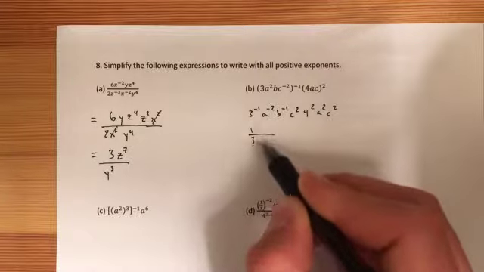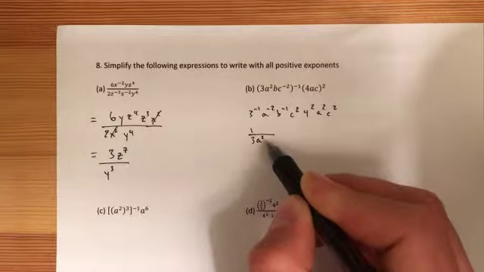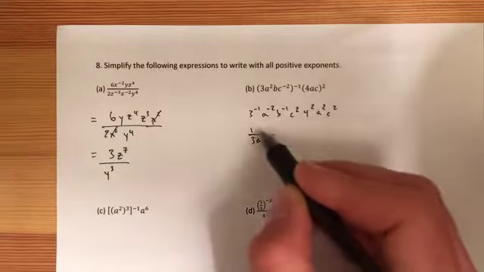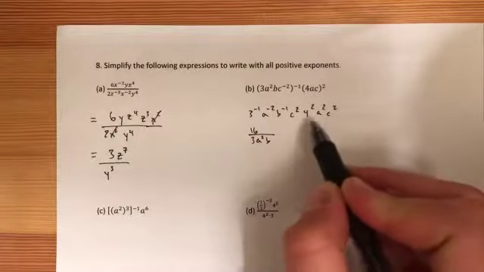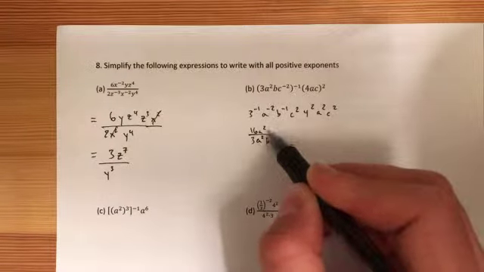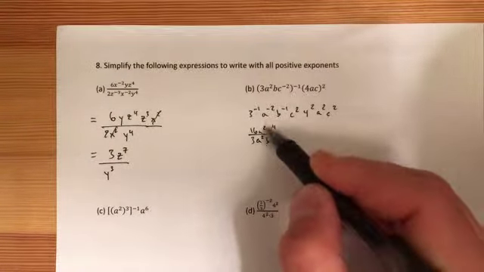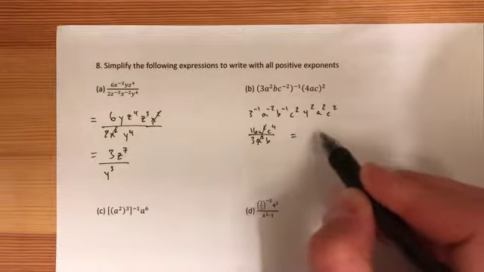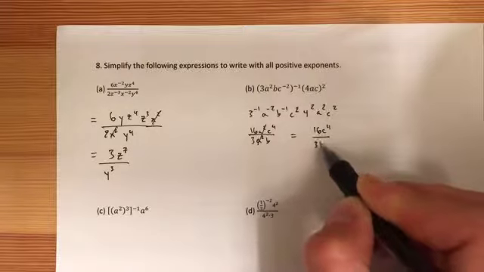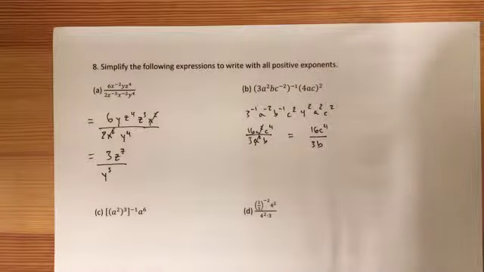Then the a squared is going to come down to the denominator, a b is going to come down to the denominator, and everything else stays. So 4 squared is 16. And then I have an a squared left, and I've got a c to the 4th. I can divide the a squareds if I want, and that should leave me with 16c to the 4th divided by 3b. Other ways to do it, but that's just the way I chose to do it.